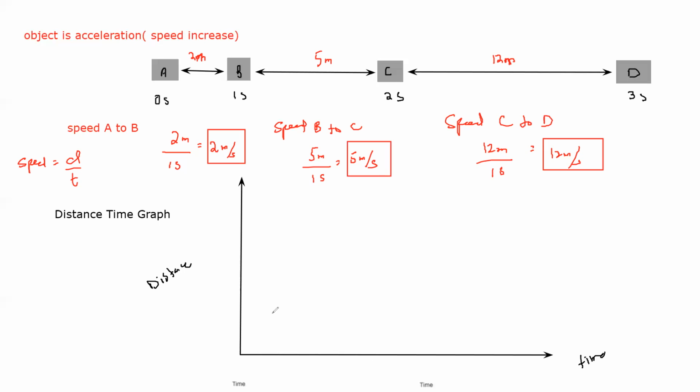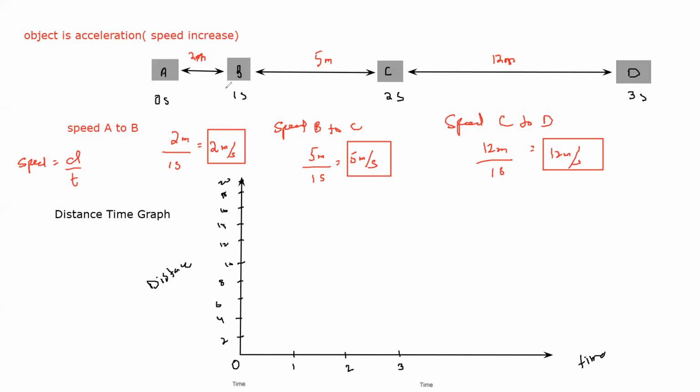We take the time interval, for example, this is 0, then 1, 2, and 3. And the distance, for example, 2, 4, 6, 8, 10, 12, 14, 16, 18, and 20.